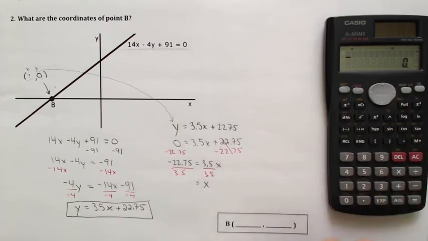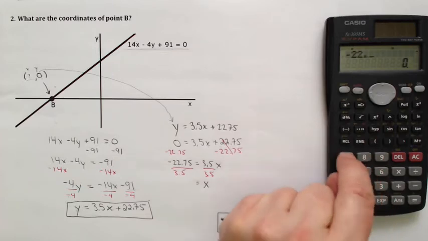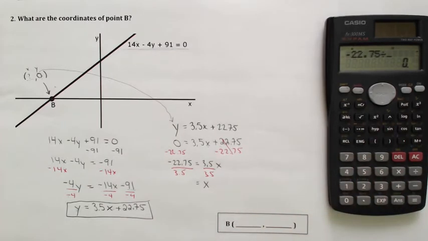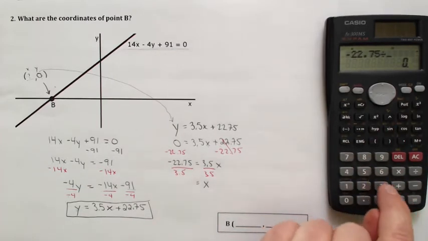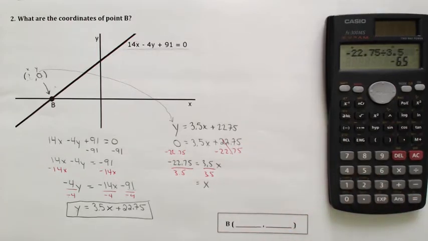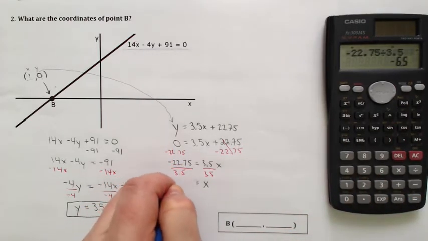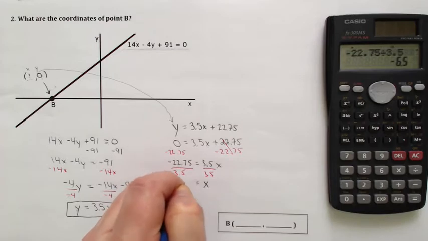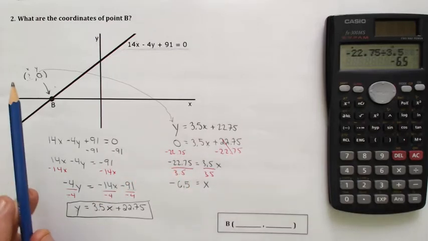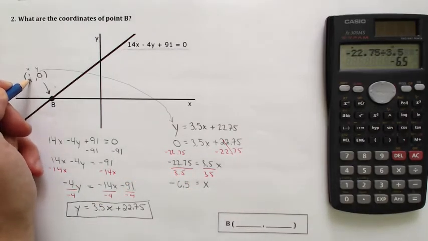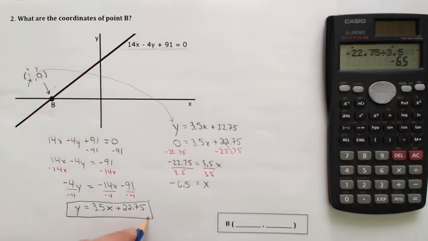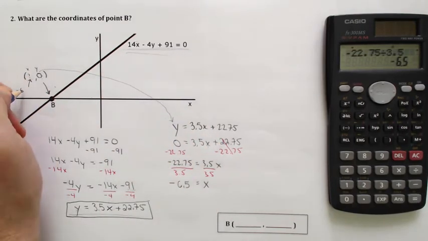But on the left I'm going to have negative 22.75 divided by 3.5. And that's going to give me negative 6.5 for my x. So I know that when y is 0 for this equation, which came from this equation, the x is negative 6.5.